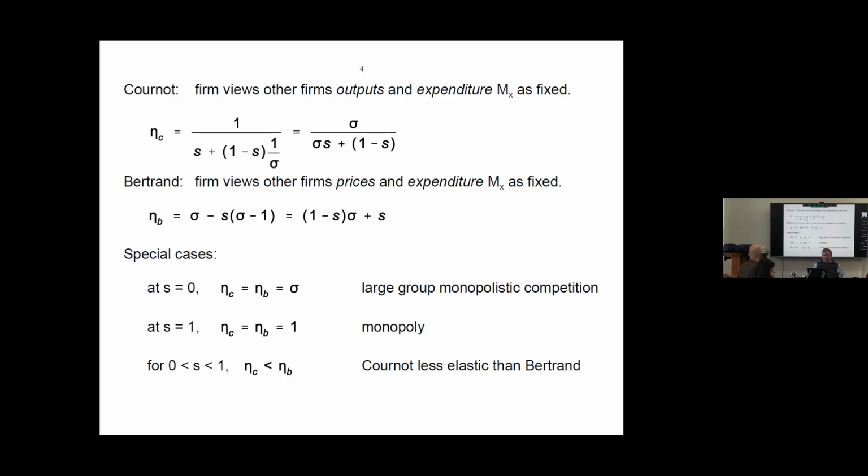And so I guess people don't really think about themselves making an explicit assumption. It's also the case that if you went to monopoly, if S goes to one, so only one firm has the whole market, then elasticity of demand goes to one as well.